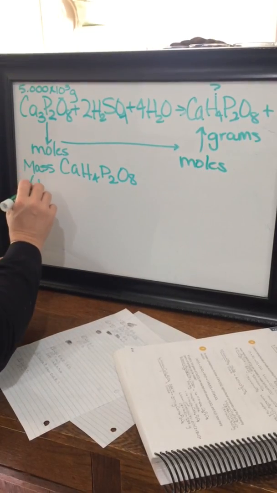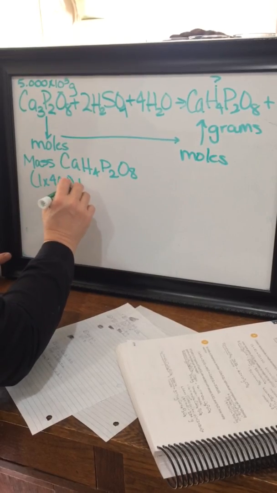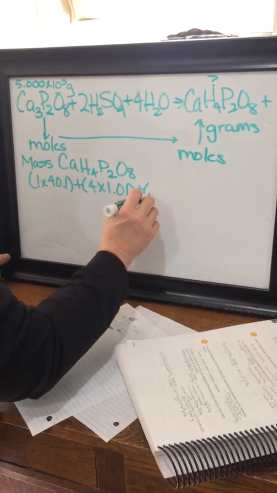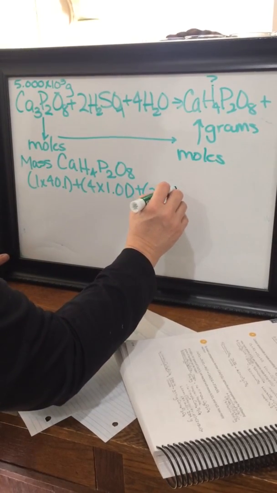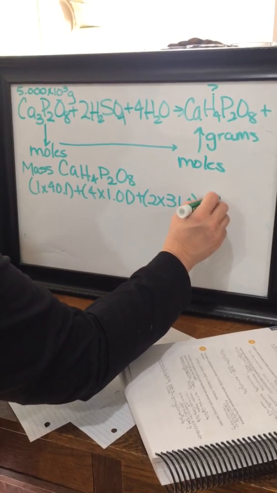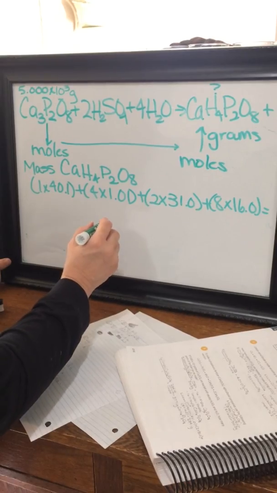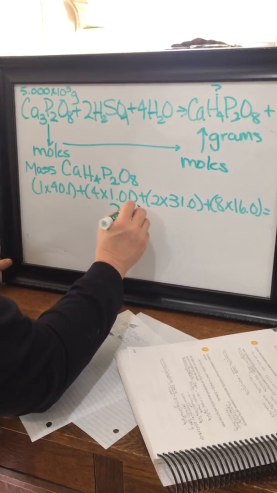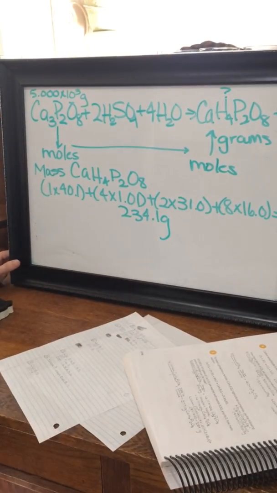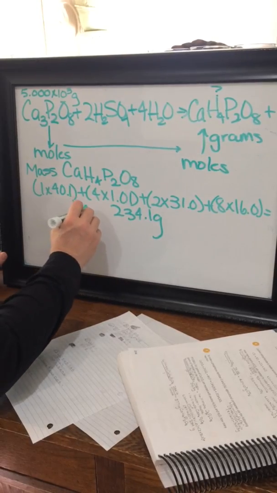Okay, so we have 1 times Ca, which is 40.1, plus 4 times hydrogen, 1.01, plus 2 times phosphorus, which is 31.0, plus 8 times oxygen, which is 16.0. Okay, and your answer is 234.1 AMUs, which is 1 mole is equal to 234.1 grams. Okay, that's our conversion factor.